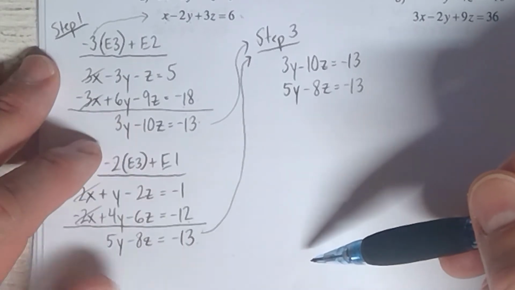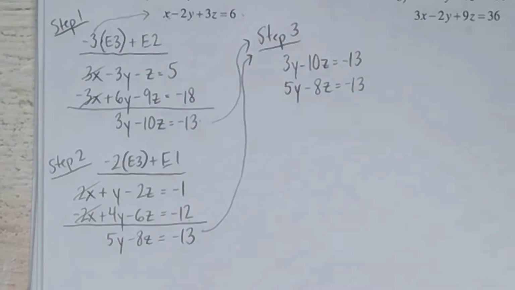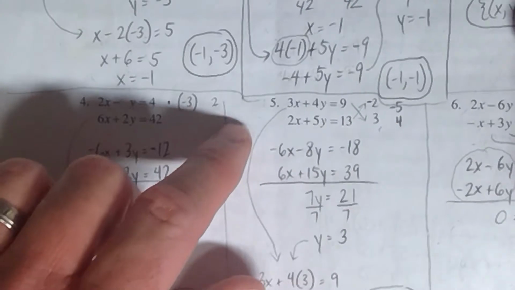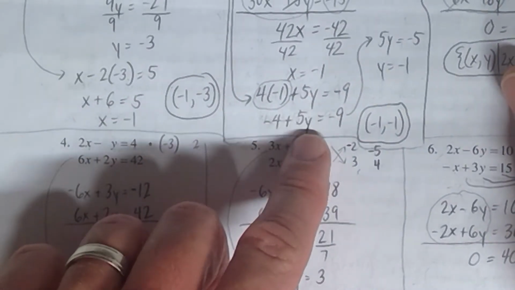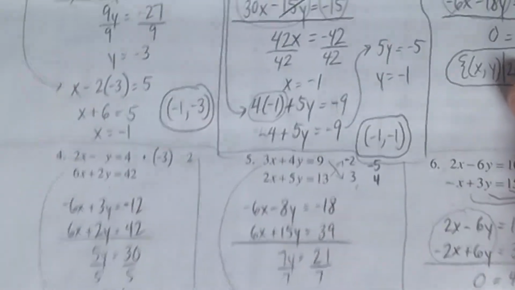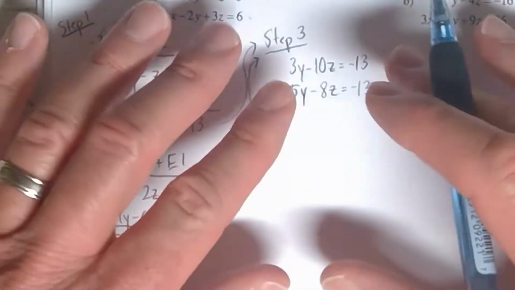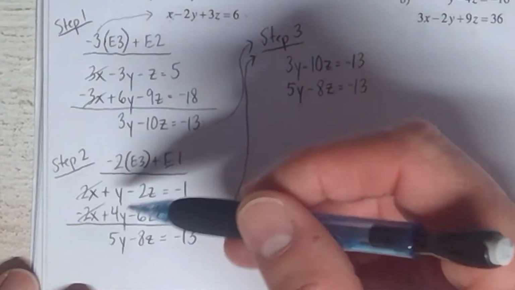Okay, so let me show you what I mean. I'm going to do the elimination method here. Remember when we did the elimination method in 3.1, there were instances where you had to plug stuff into another equation, right? Well, when you do that in the current problem, you only plug stuff back into equations that are in step 3. You don't plug into any of the original equations over here.